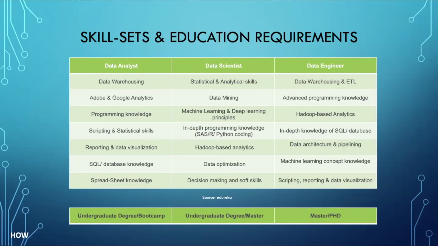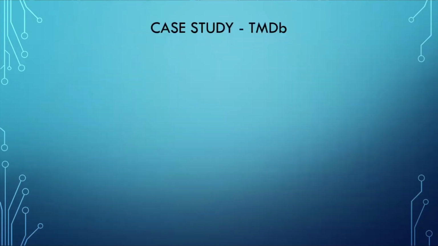Okay, so far, we already got some ideas about what data analytics is, what a data analyst does, and what kind of skill set is required to become a data analyst. Now, the most exciting part is I will share a case study with you.